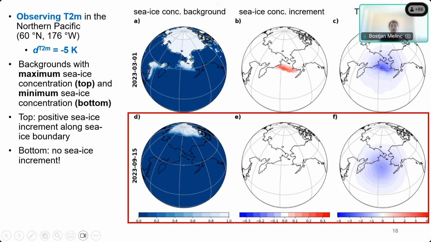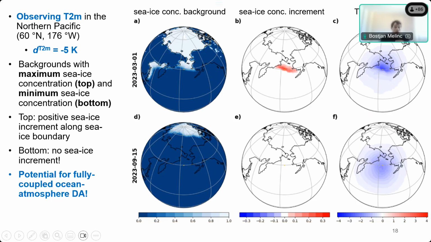So this indicates that we see this strongly nonlinear coupled response between sea ice concentration and 2-meter temperature. And this really indicates that this method does indeed also have potential for fully coupled ocean-atmosphere DA, and we will see in the future whether this may actually become plausible also for the operational work.